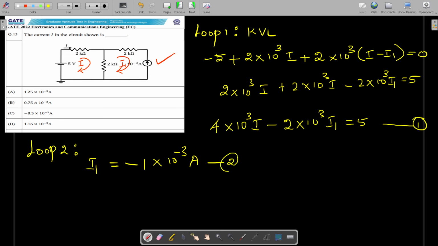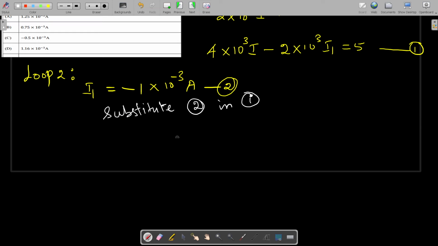This is your second equation. Now substitute the second equation in the first equation. What you get is 4 into 10 power 3 I minus 2 into 10 power 3 I1, and instead of I1 you substitute minus 1 into 10 power minus 3, equal to 5.